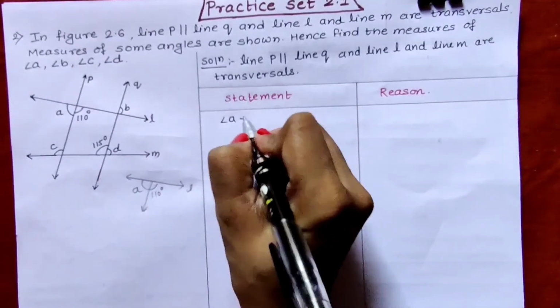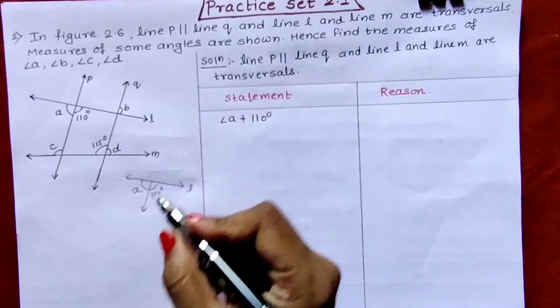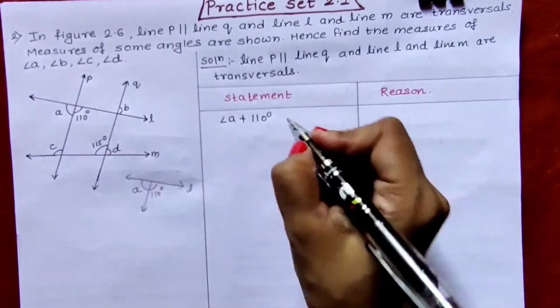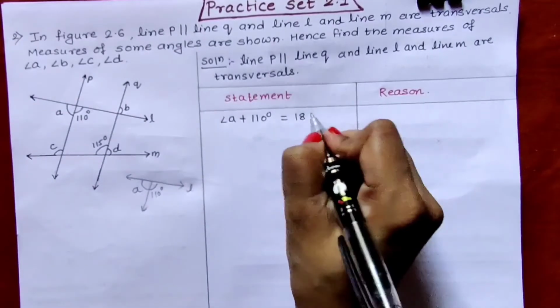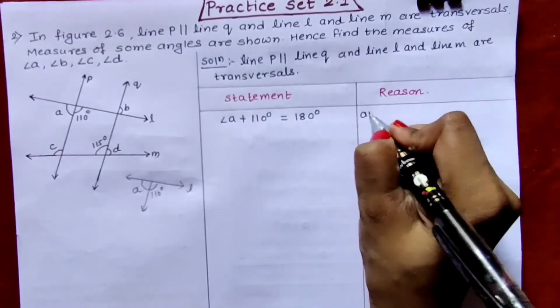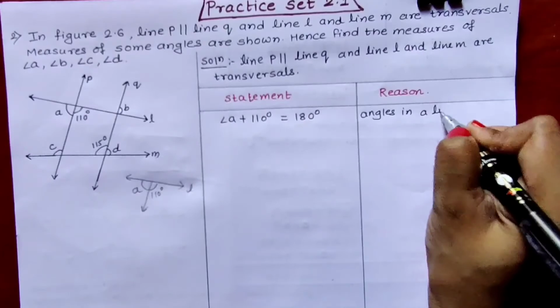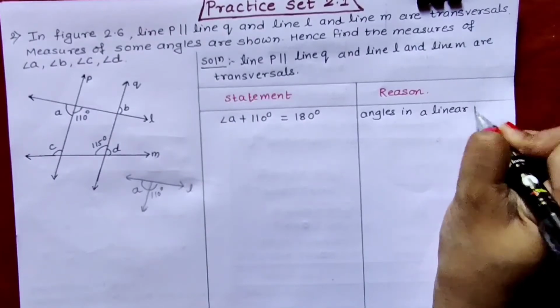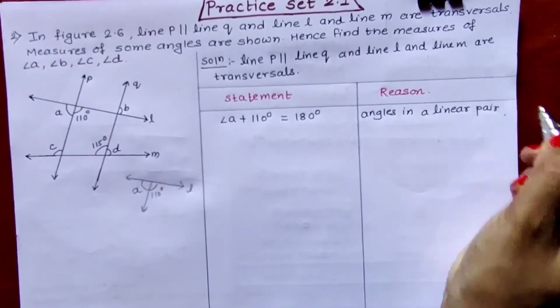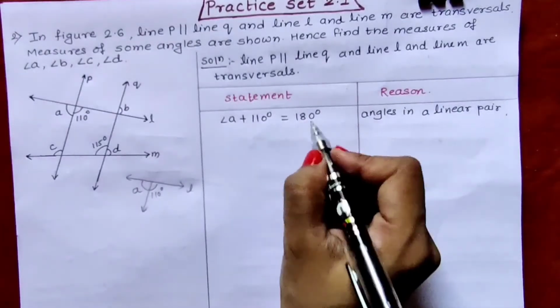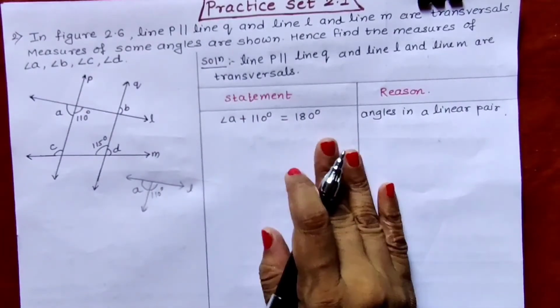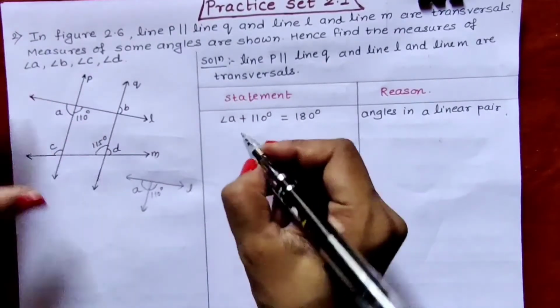Angle A plus 110 degrees is equal to 180 because they are angles in a linear pair. Okay, now 110 we can bring on the right hand side, from left to right we can bring it.